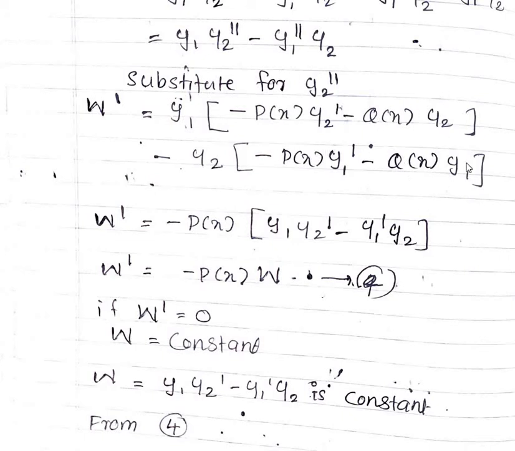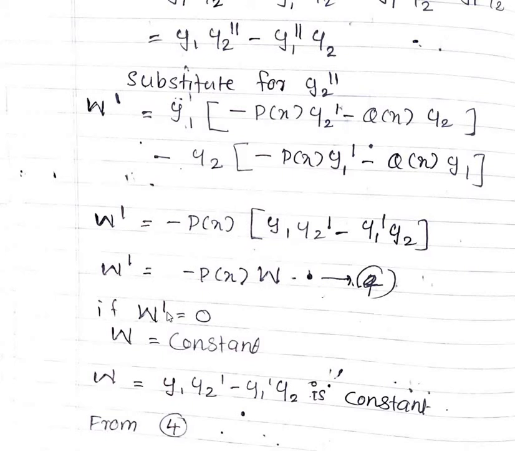The second term and fourth term will cancel. So W' is given by -p(x) times y1 y2' - y1' y2. So it can be written as W' = -p(x) W. This is nothing but the Wronskian W.